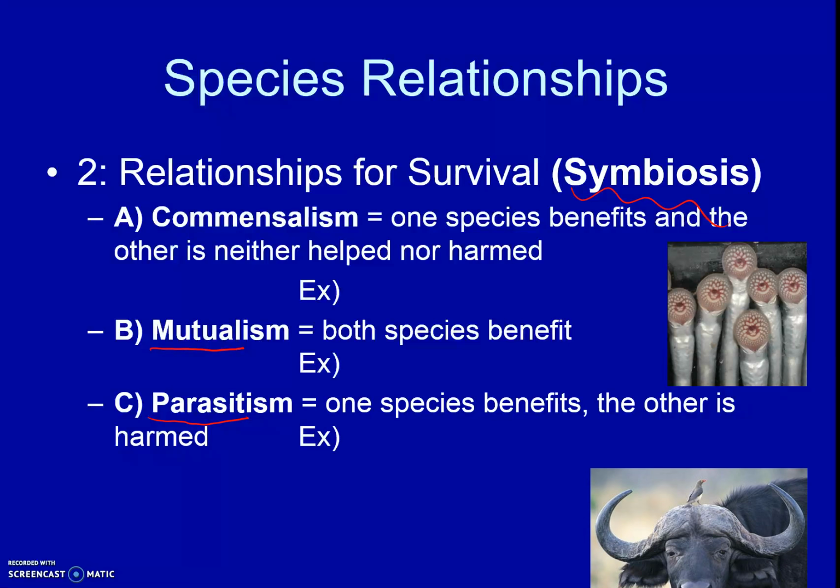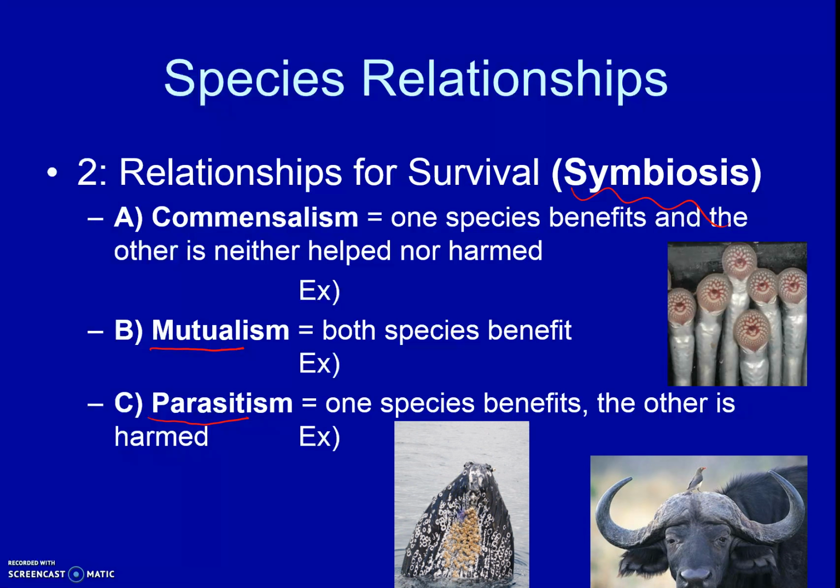Now, there are lots of different types of each of these symbiotic relationships. So I'm intentionally leaving these example areas blank because I want you to go out onto the web, go into books, think about your own experiences, and come up with a commensalism relationship, a mutualism relationship, and a parasitic relationship on your own.